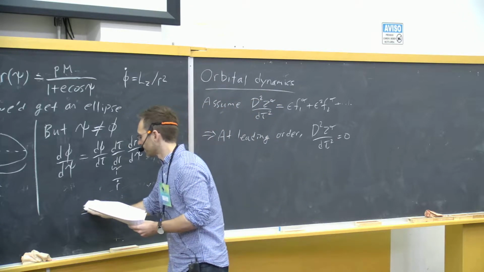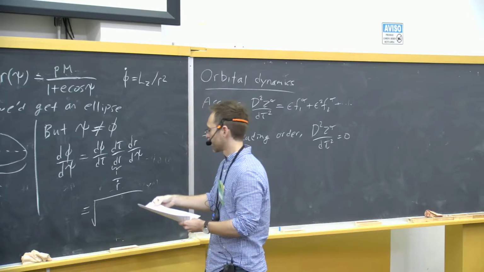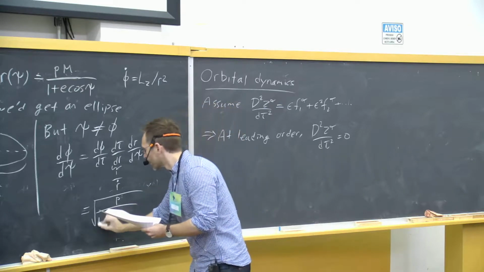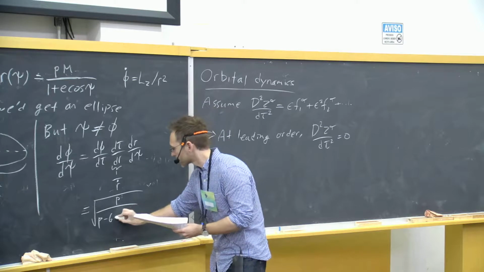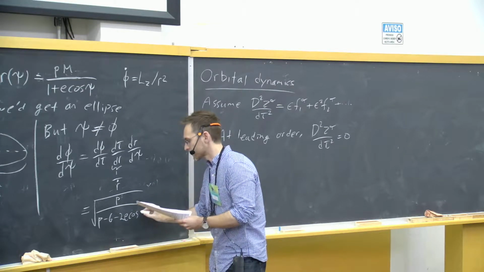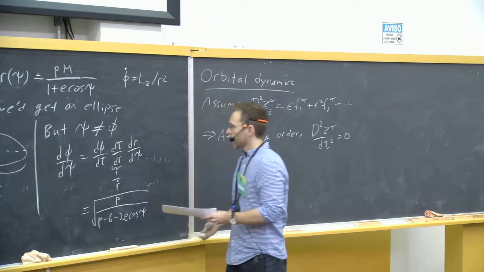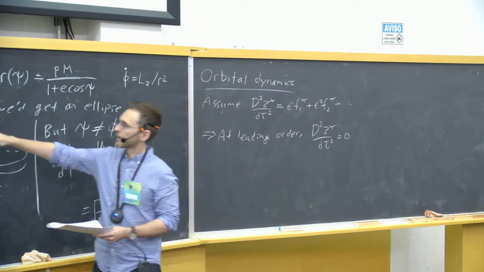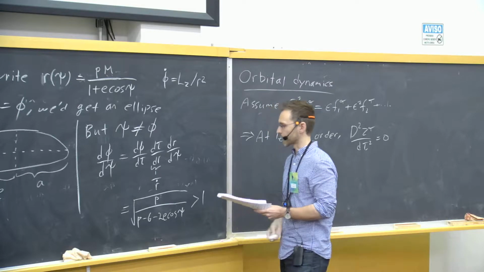So if you simplify all of that, what you get is an expression that's the square root of p over p minus 6 minus 2 e cos psi. So this is clearly not equal to 1, which we would need in order for psi to be equal to phi. And in fact, this is strictly larger than 1.